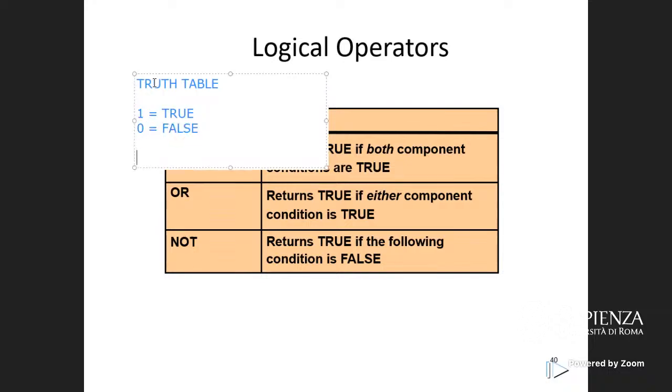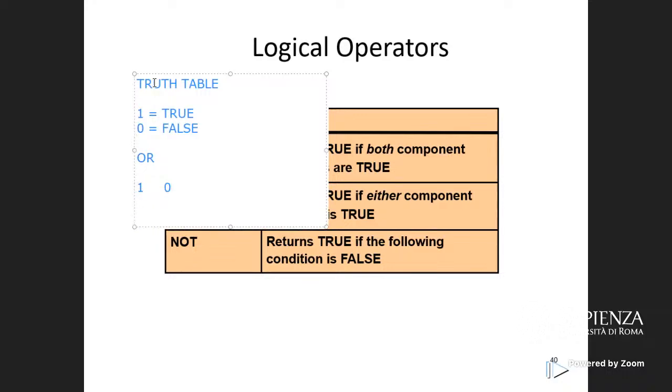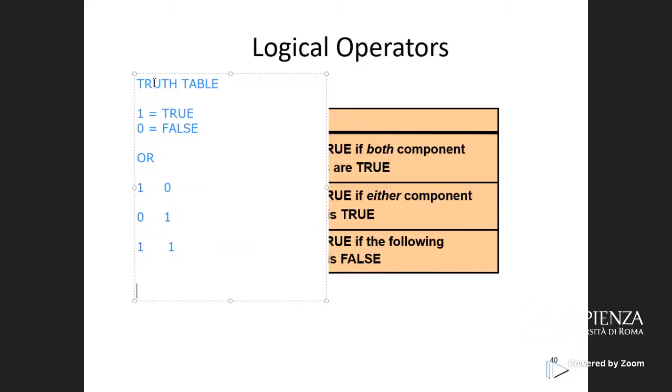And then what we have here is the OR table, and then I'll just have my 1, 0, 0, 1, 1, 1, and then I have my 0 and 0 here.